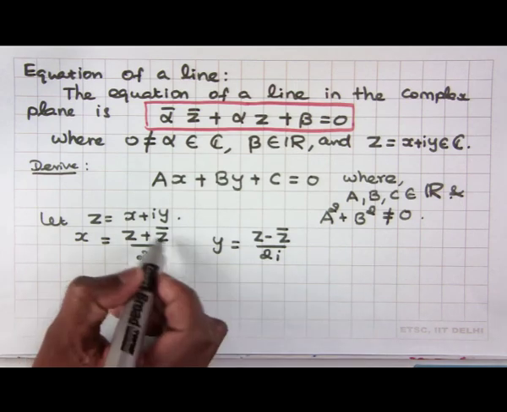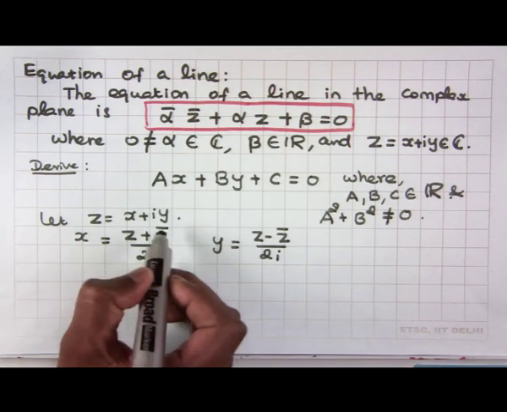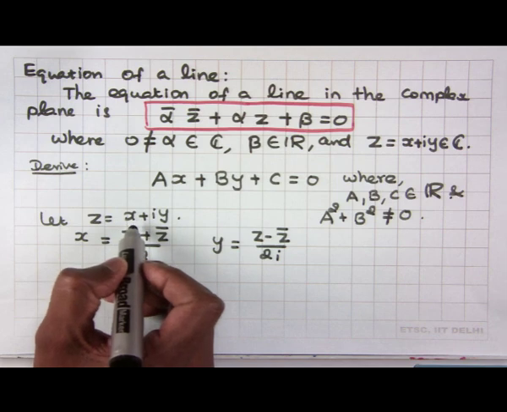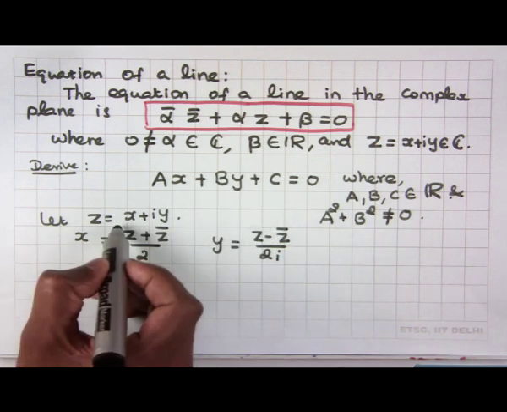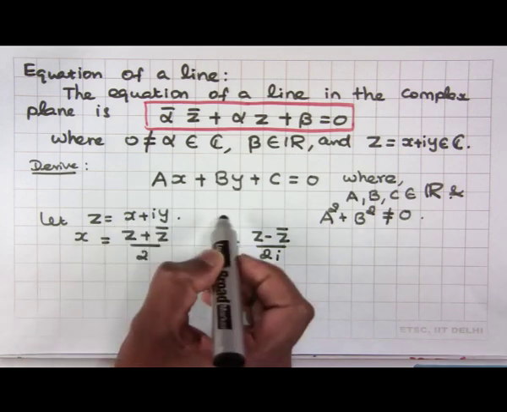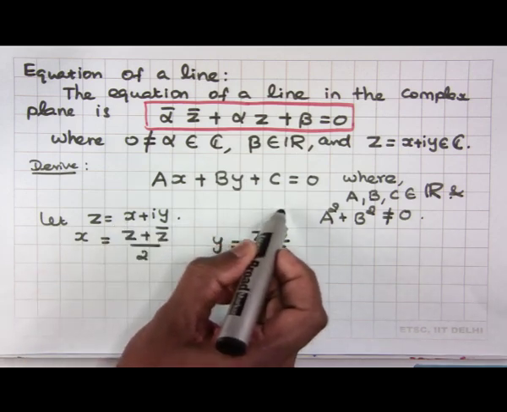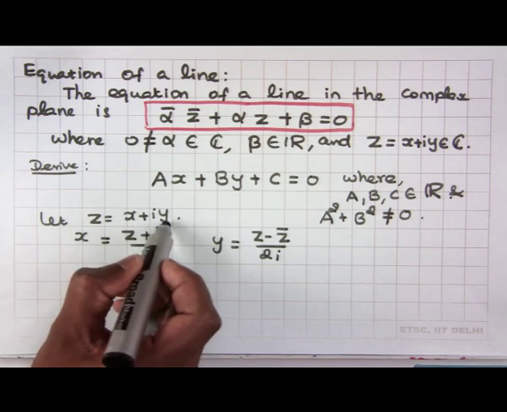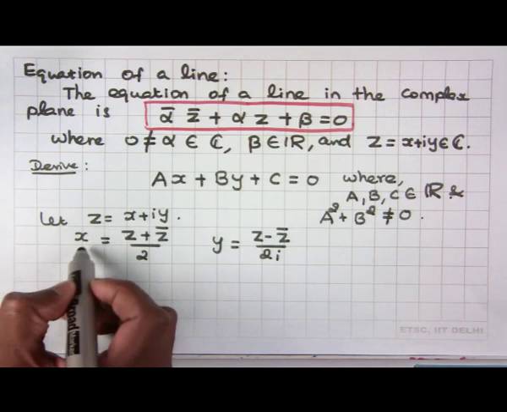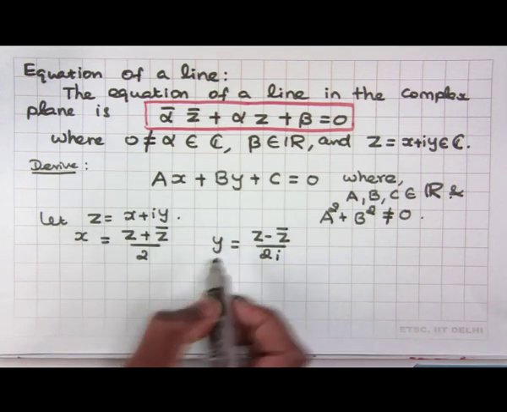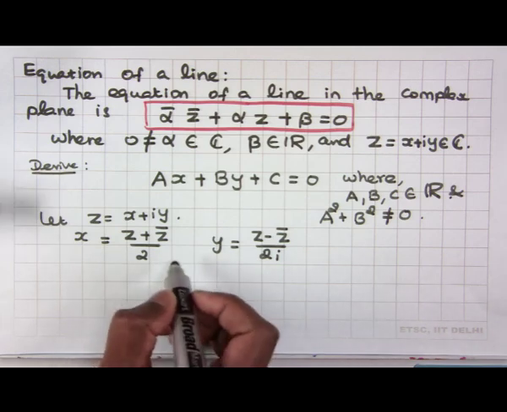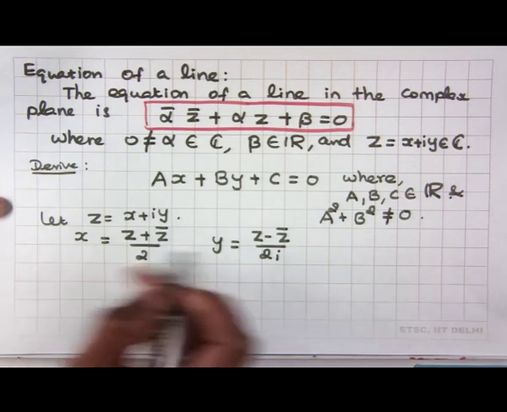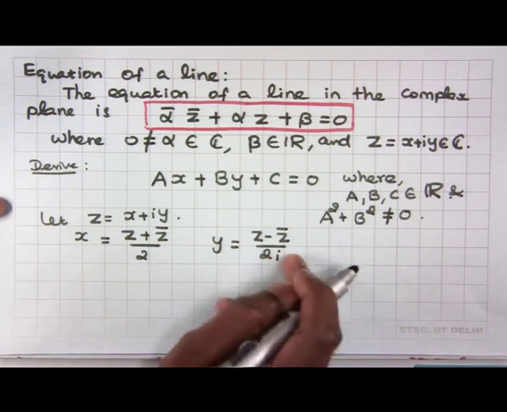Recall what we have done: we are just doing the natural association of a pair of elements in the Cartesian plane to a complex number. Given a pair x, y, we associate x + iy, and then we can see what x and y are in terms of z and z bar.